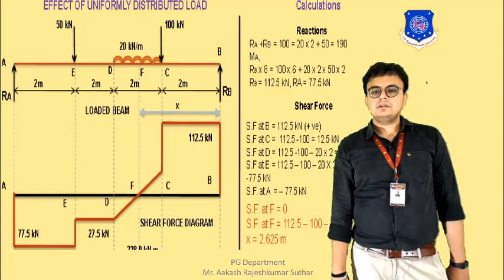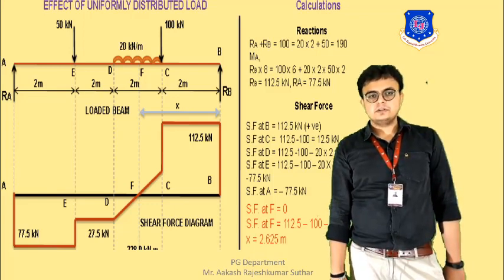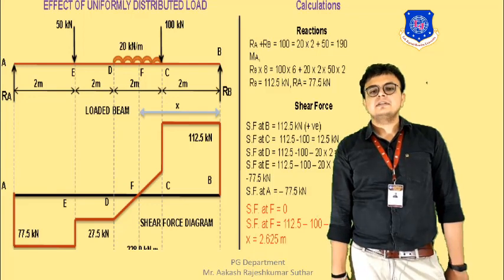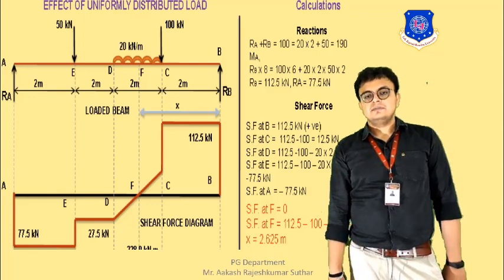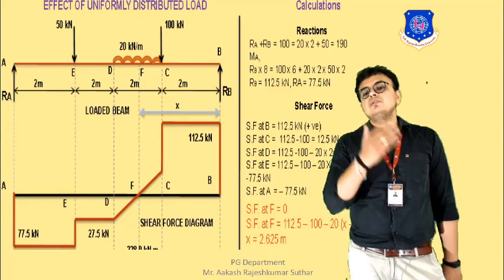So it will be equal to 100 into 6, that is the distance of C to A, plus 20, for which we have to make an equivalent concentrated load.